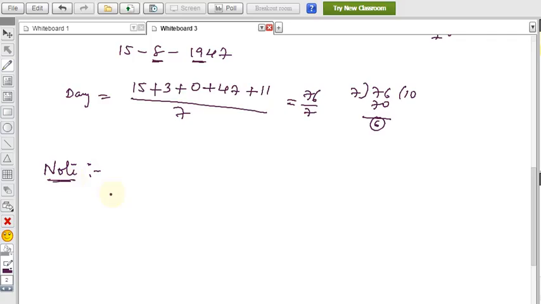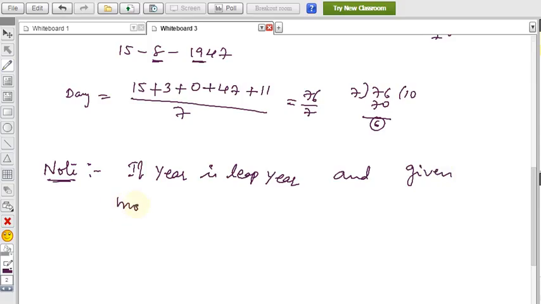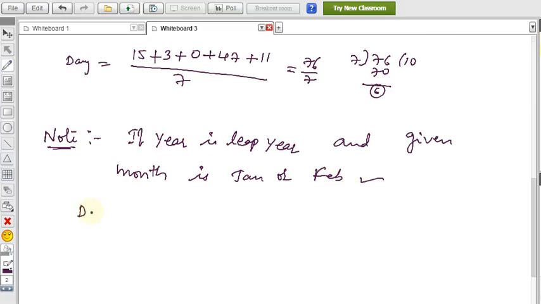The note is, if the year is a leap year and the given month is either January or February, then the formula is the same, but the day is equal to the same total of what you're adding, but subtract 1 and divide by 7.